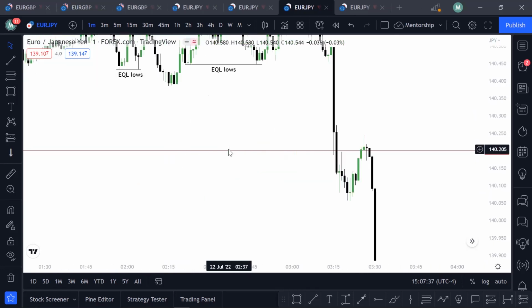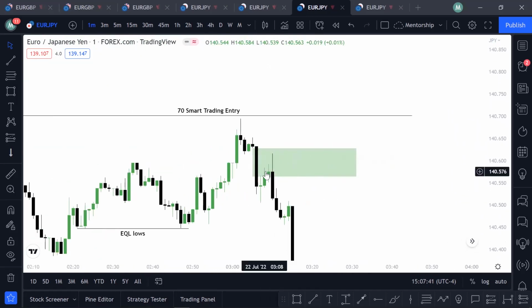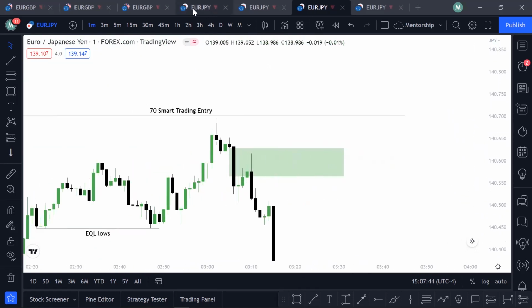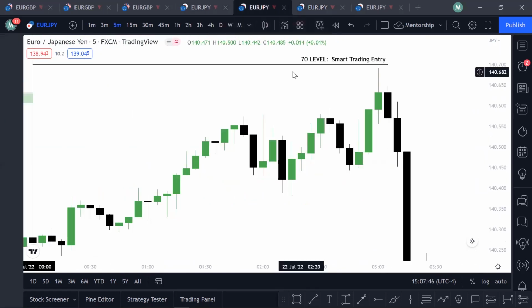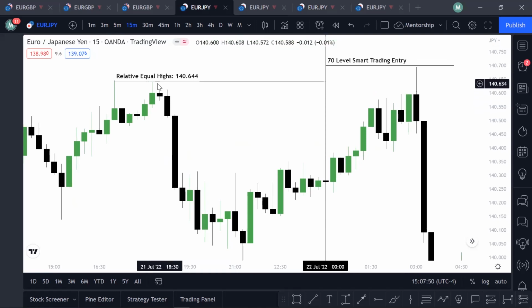So let's not have a lot of things here. Remember, if I come back to this setup on a 15 minute time frame, we are selling on the smart trading entry simply because the smart trading entry is above the relative equal highs.